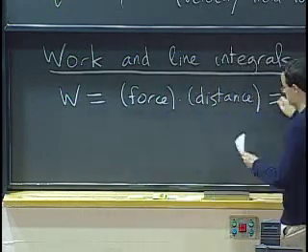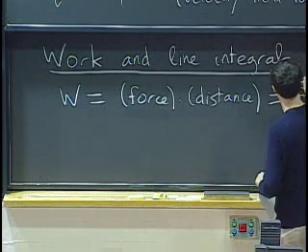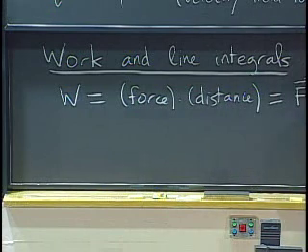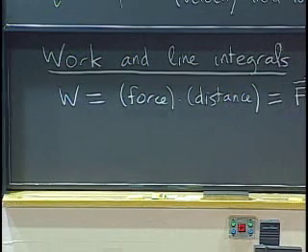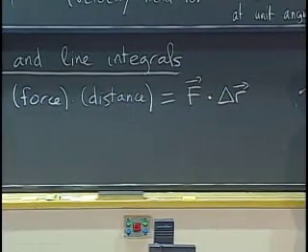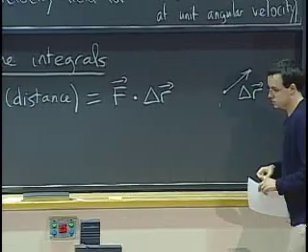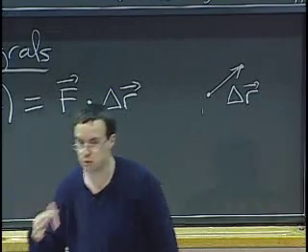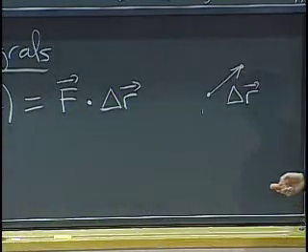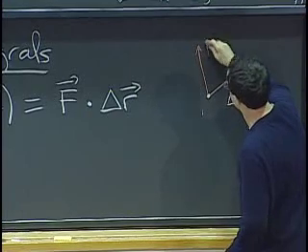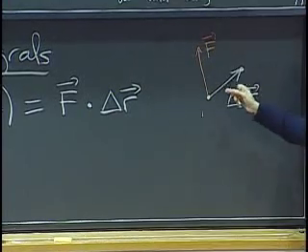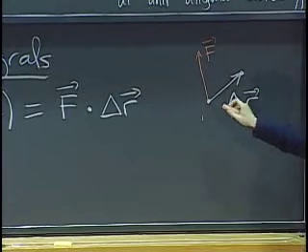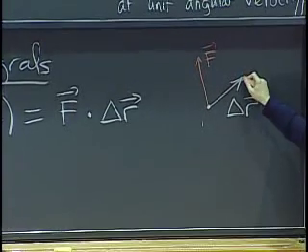More precisely, it's the dot product between the force as a vector and the displacement vector for a small motion. So say that your point is moving from here to here. You have the displacement delta r. That's just the change in the position vector, the vector from the old position to the new position. And then you have your force that's being exerted, and you do the dot product between them. And that will give you the work of the force during this motion.